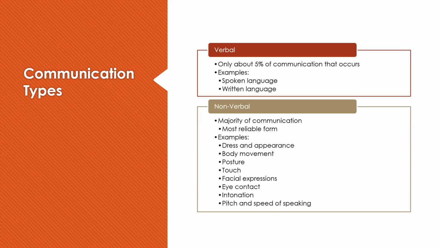If someone is shaking their foot, that may be conveying that they're anxious or restless. Our posture is another form of nonverbal communication. Our use of touch, our facial expressions, the level of eye contact that we're using, and then the intonation, pitch, and speed of our voice.